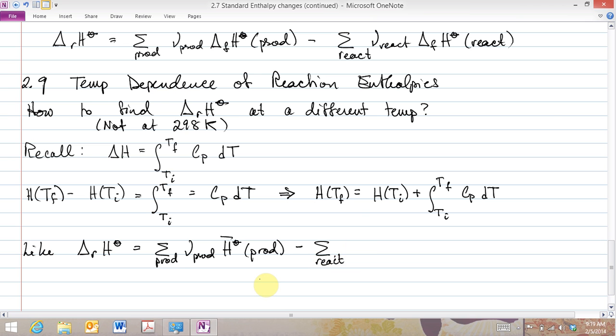And we have the sum of the enthalpies of the products minus the sum of the enthalpies of the reactants.